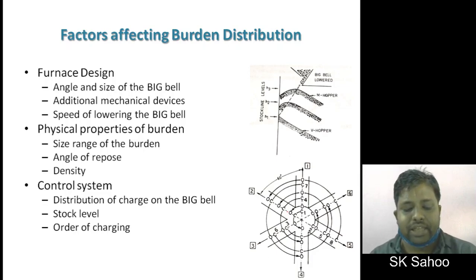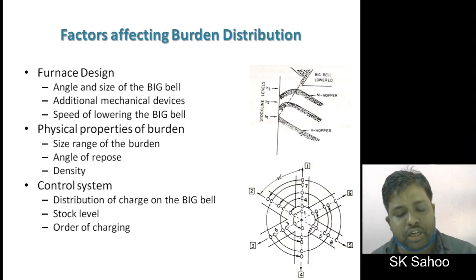An average size of 18 mm iron ore has angle of repose 33 to 35, whereas coke of 45 mm is 35 to 38, and sinter has generally 31 to 34 and pellet has 26 to 28. So surface roughness along with the moisture content, clay content, all these things can alter the angle of repose.